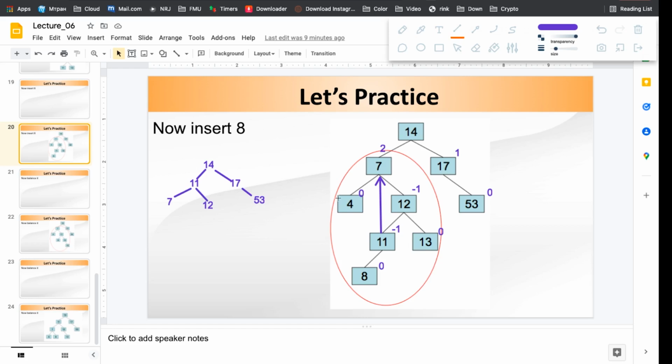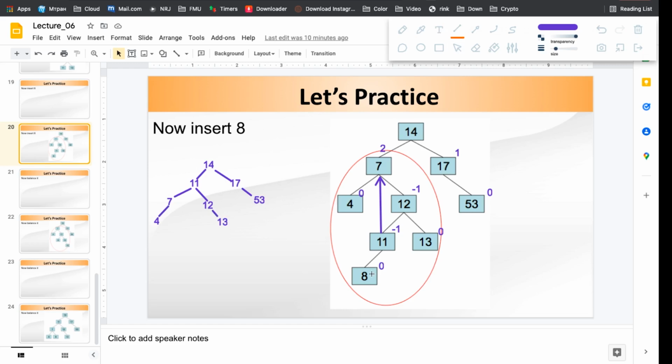Let's distribute them. 4 is the lowest, so it's going to be on the left. 4 is here. 11 brought up. 12. We have 13. 13 is the highest, so it has to be here. And now what's left here? It's 8.